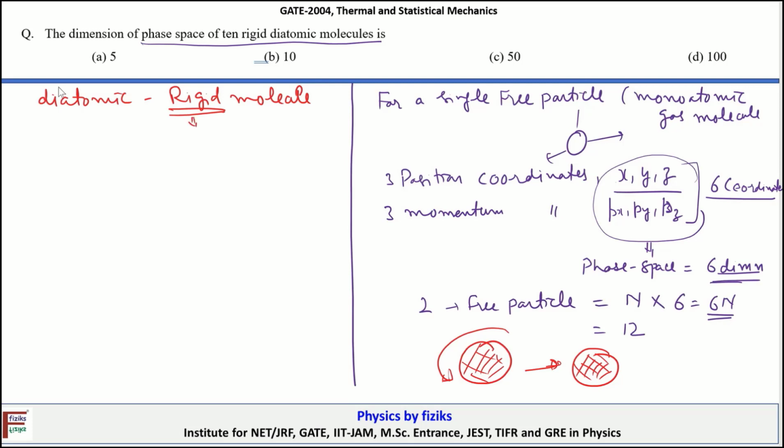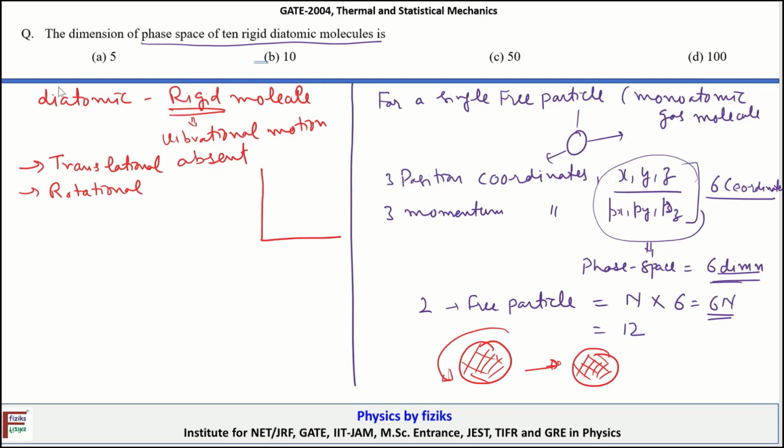So we need not worry about the vibrational motion of the molecule. Vibrational motion is absent when it is rigid. So for a diatomic molecule, the only things we need to consider are its translational motion and the rotational motion.